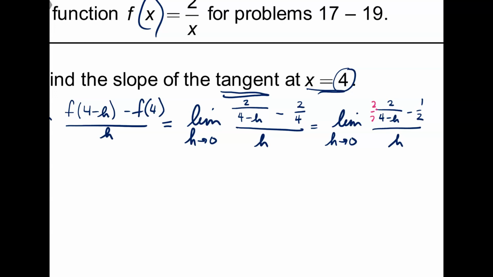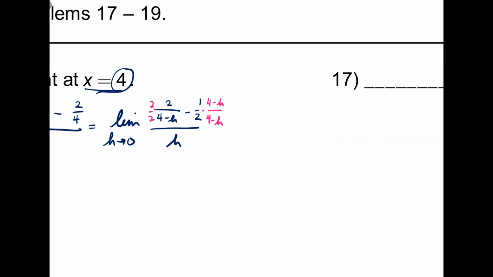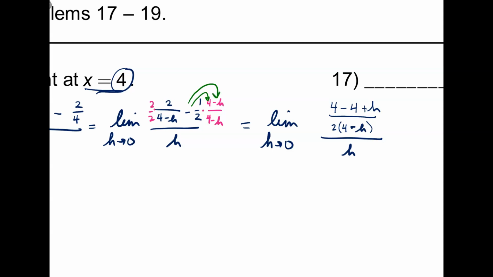So I'll multiply this side by 2 over 2, and this fraction by 4 minus h over 4 minus h. Remember, negative 1 times 4 is negative 4, negative 1 times negative h is plus h. I distributed the negative as well as wrote it over one fraction.